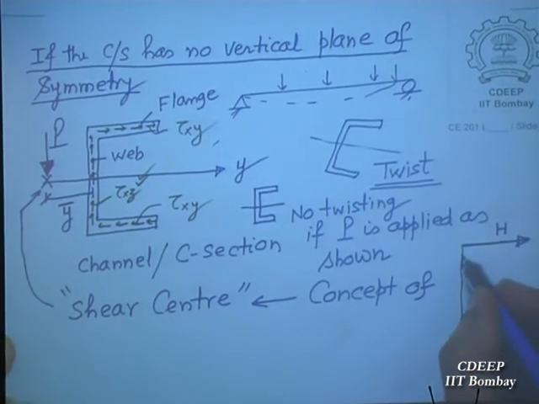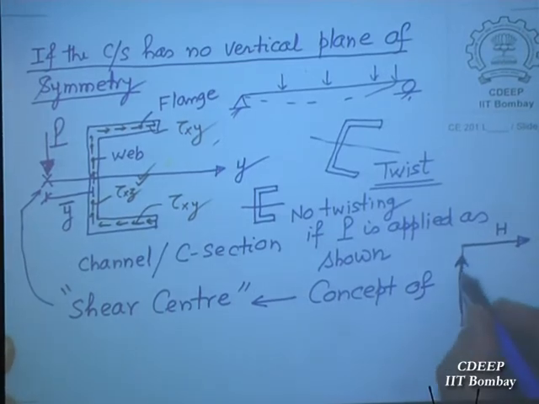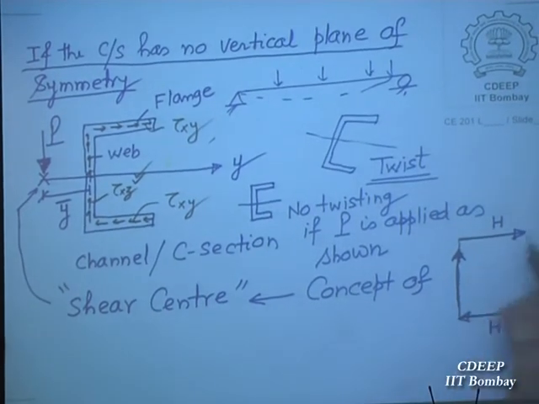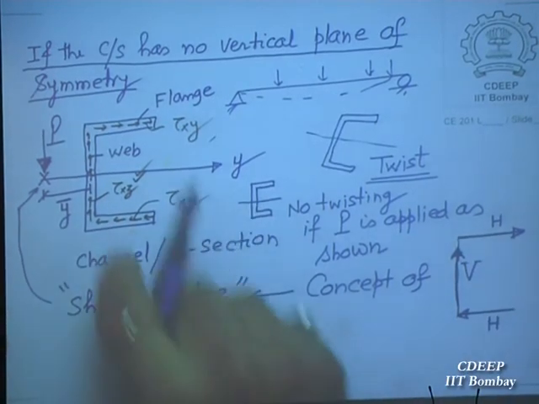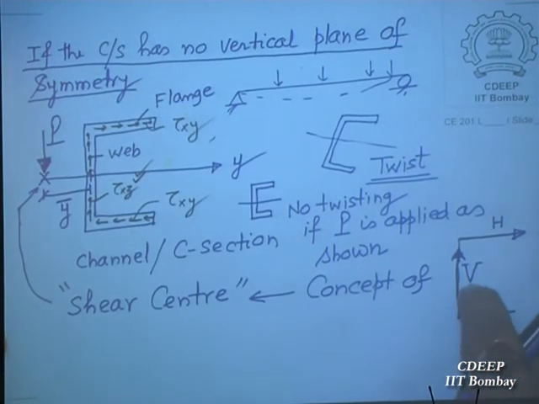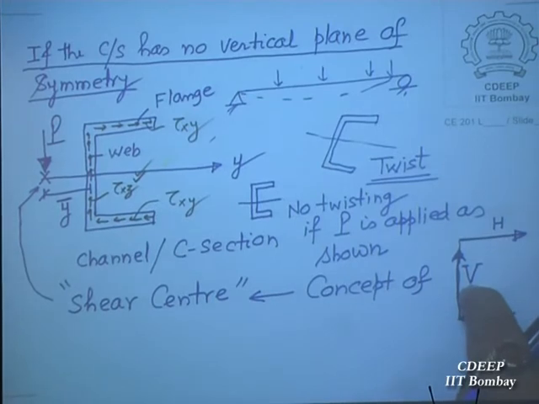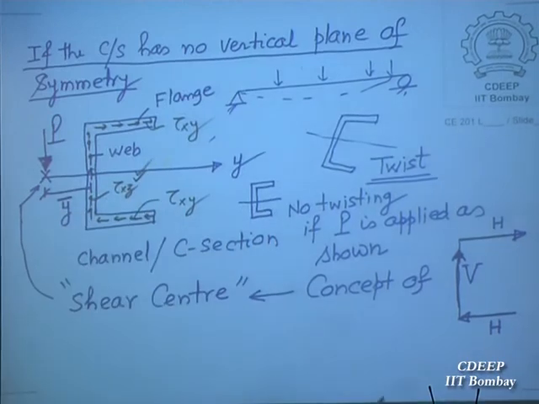And because of the vertical shear, this must be equal to your applied shear force at the cross section. If you integrate all these vertical shears, that must give me the vertical shear force. The vertical shear force acting at the cross section must be the integral of these vertical shear stresses.